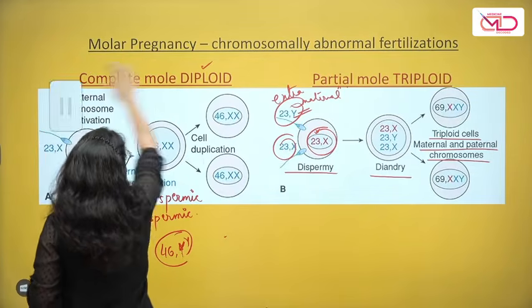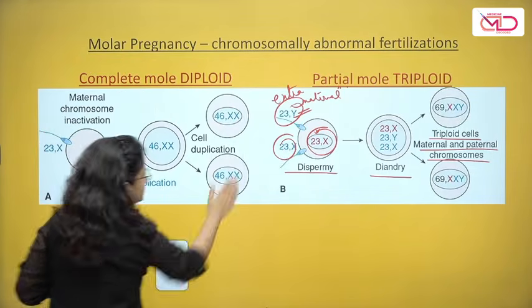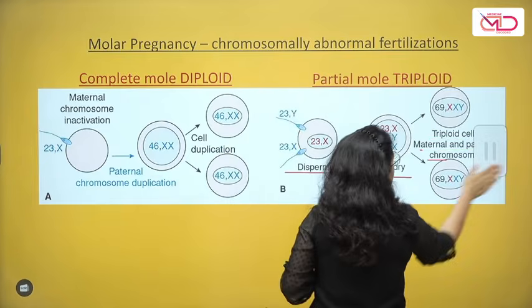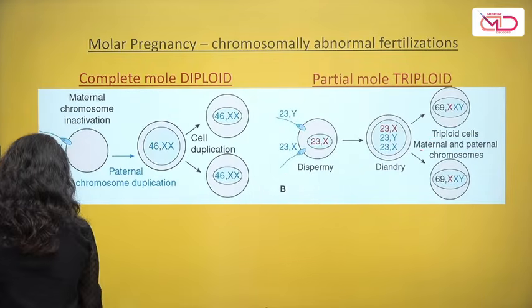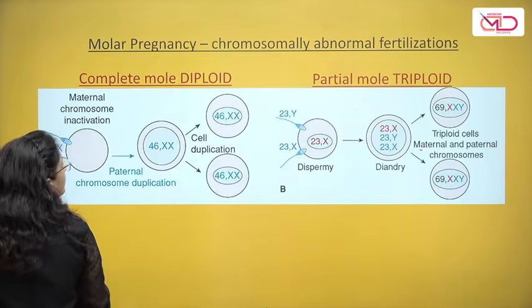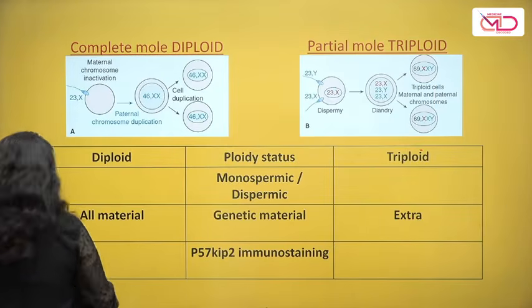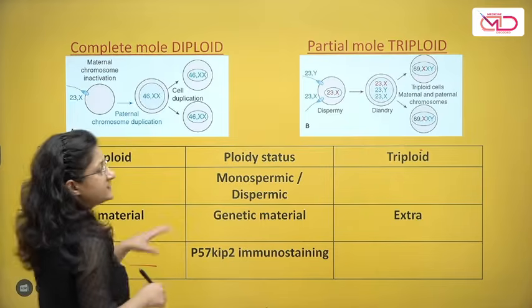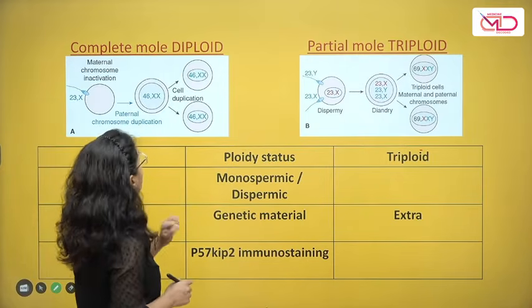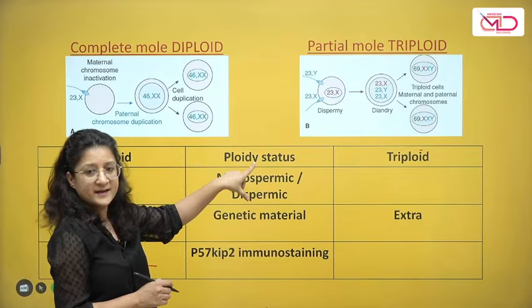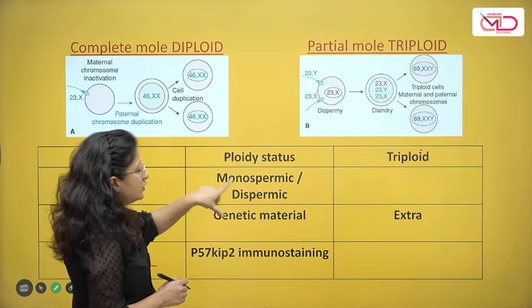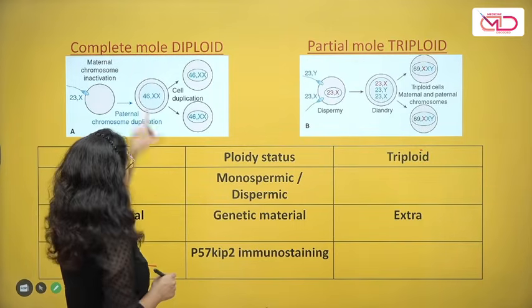Now, let us just summarize the important points once and for all. Complete mole, diploid; partial mole, triploid. Ploidy status, that is given to you, right? Monospermic or dispermic? Look at it here.